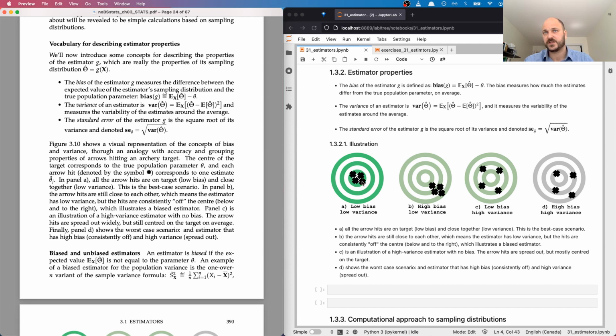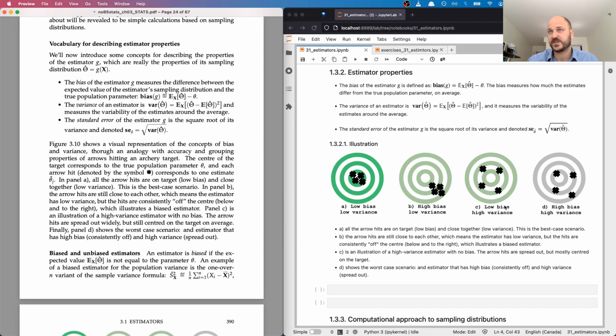You see the variability: in every sample, you're going to get a different estimate. And this is the best case scenario where you have a little bit of variability, but they're all roughly on target. And the biased estimate is one where they're consistently off target. On average, it's not hitting the bullseye.